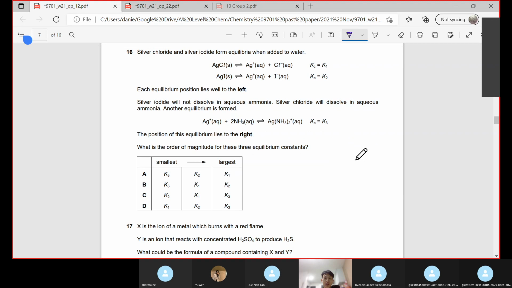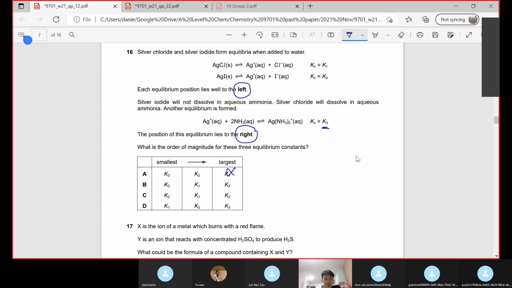From here, if we compare K1, K2, K3, K3 is definitely the greatest one, the largest one, right? As they already told you, this one lies to the right, K1, K2 lie to the left. Lies to the right means there is more product. So the value of K3 is the largest.